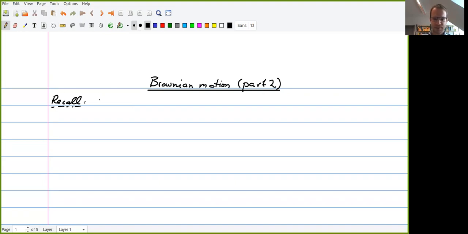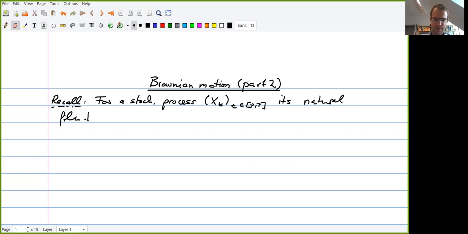As you hopefully remember, let's call the stochastic process X. As before, we have a stochastic process, meaning a sequence of random variables, indexed by a time interval 0 to T. Its natural filtration is defined as F^X.